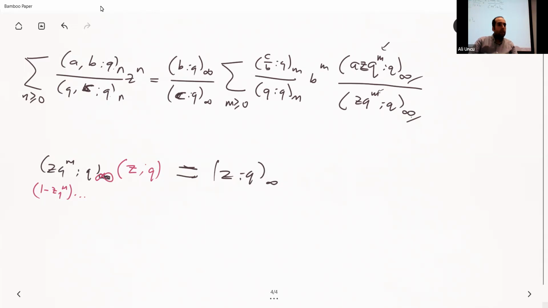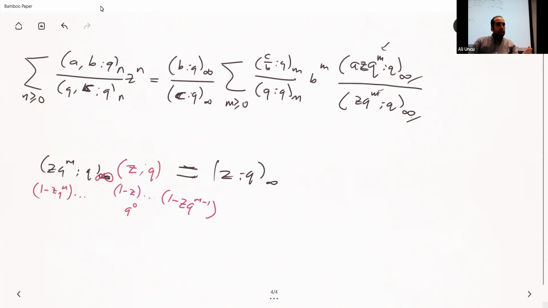So in this one, I start with 1 minus z. So I already start with q to the power 0. And we want to go all the way to 1 minus zq to the power m minus 1, right? So how many factors do I have in my product? M factors, right?